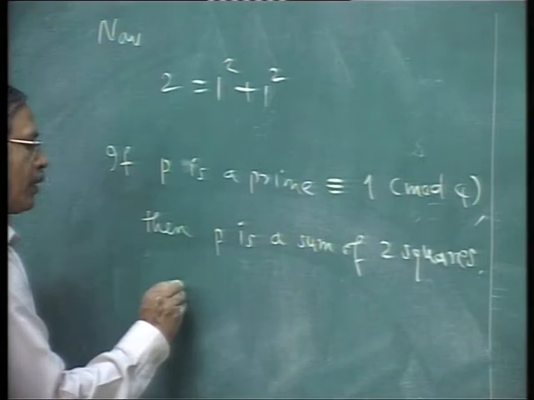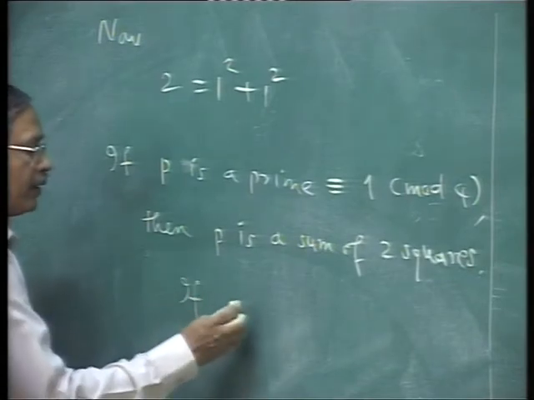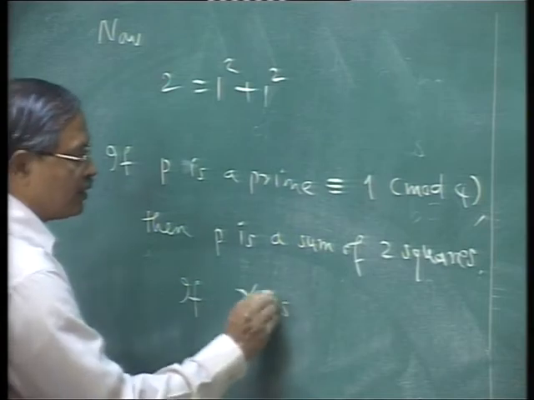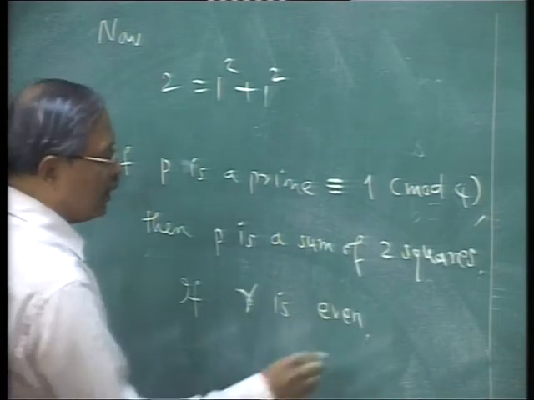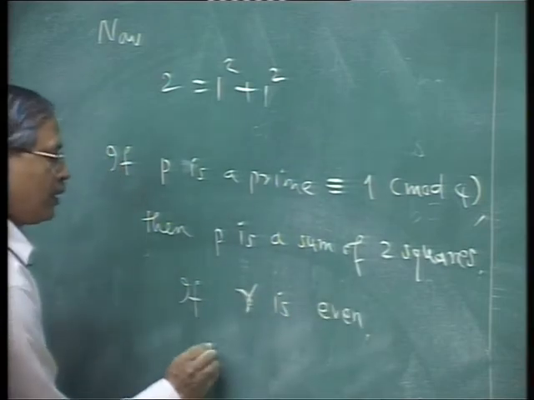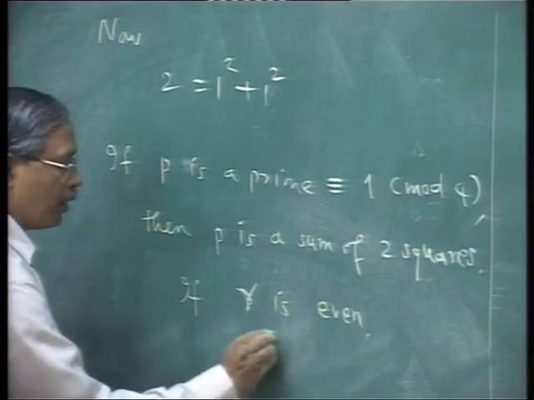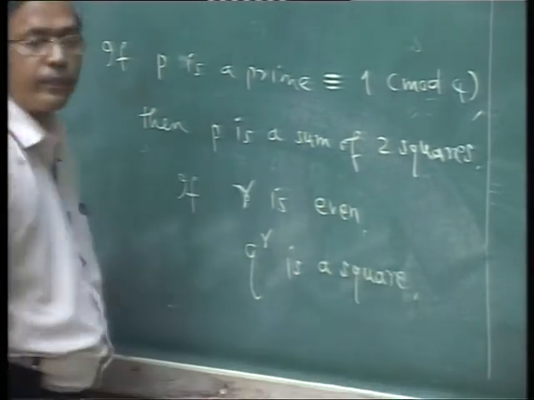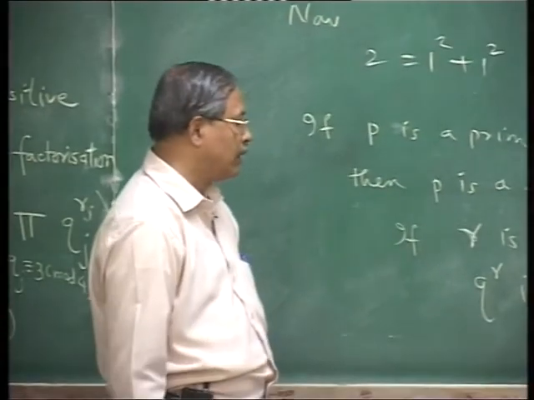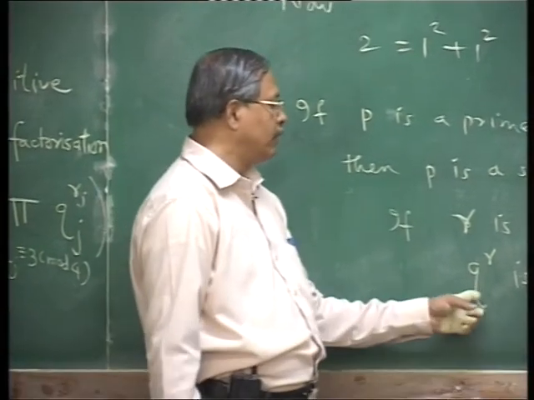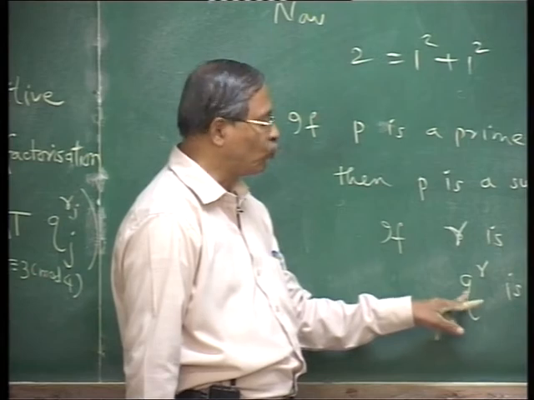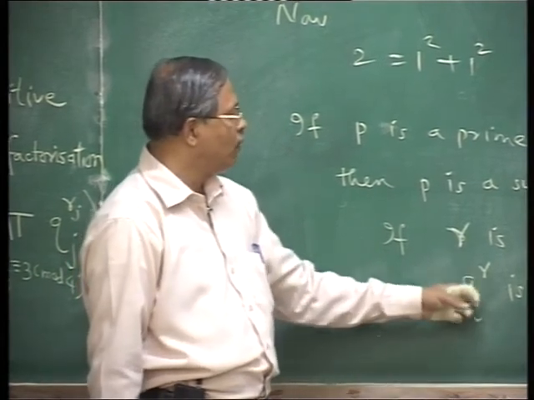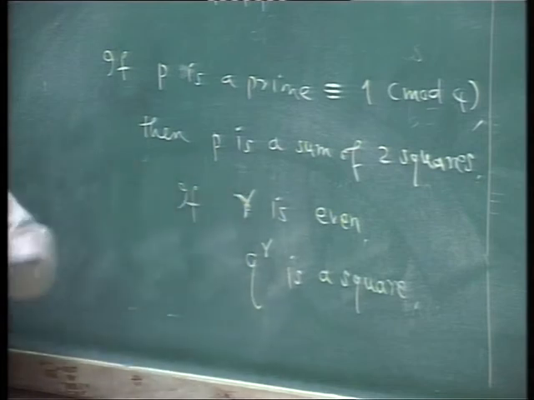So if gamma is even, q raised to gamma is a square. Here in particular we can take q congruent to 3 mod 4, but for any number q raised to gamma will be a square if gamma is even.